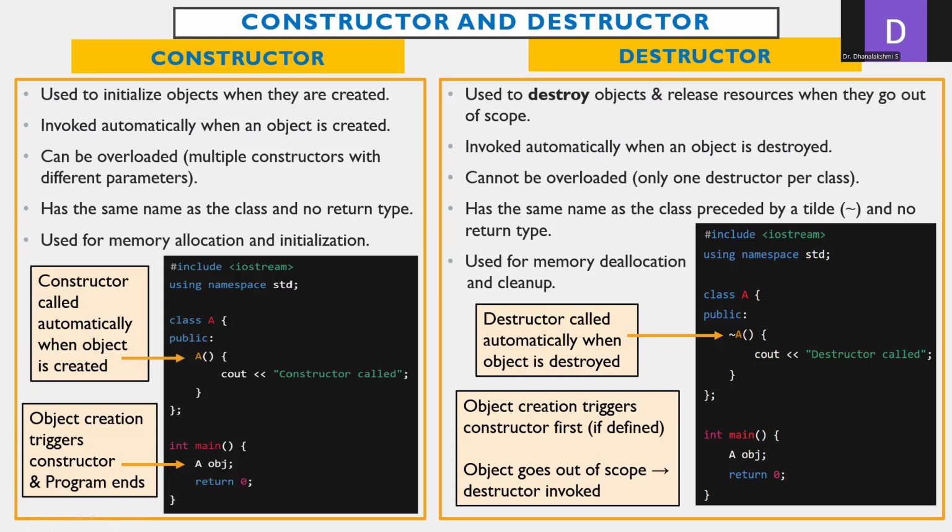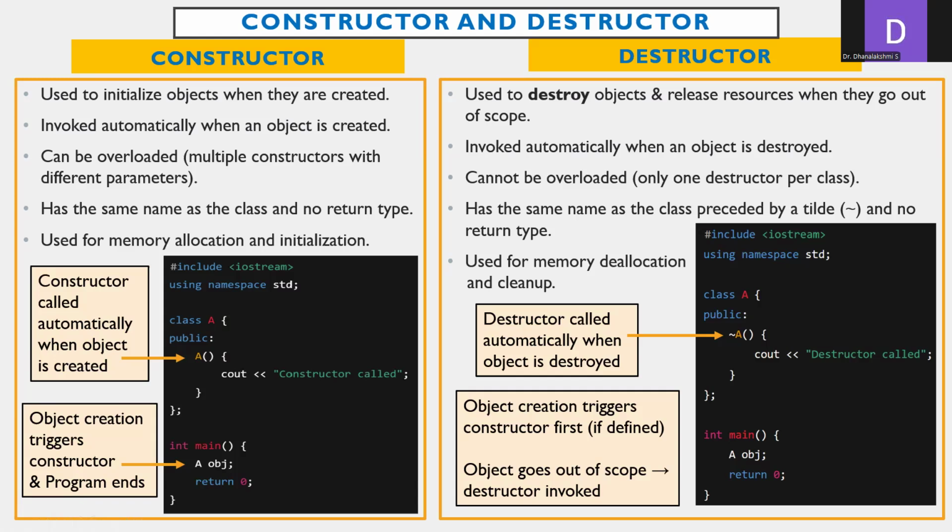It frees the memory, closes the files, or releases any system resources the object was using. That's why we say the destructor marks the end of the object's life. So simply, I can put it like this: constructor is equivalent to the birth of an object, destructor is equivalent to the death of an object.